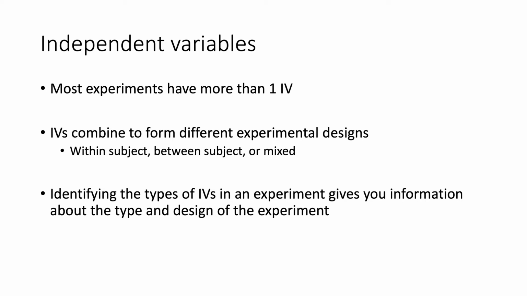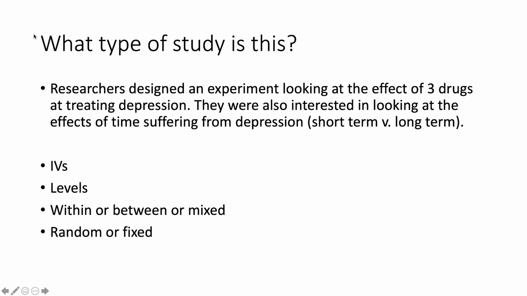You could have a purely between subject design. Or a mixed design where you use combinations of both types of variable. But at the end of the day, the important thing is that you're easily able to spot the variables that come along in the studies that you read. And researchers will have different ways of explaining those to you. So let's have a look at seeing whether we can spot independent variables in these descriptions of basic experiments.